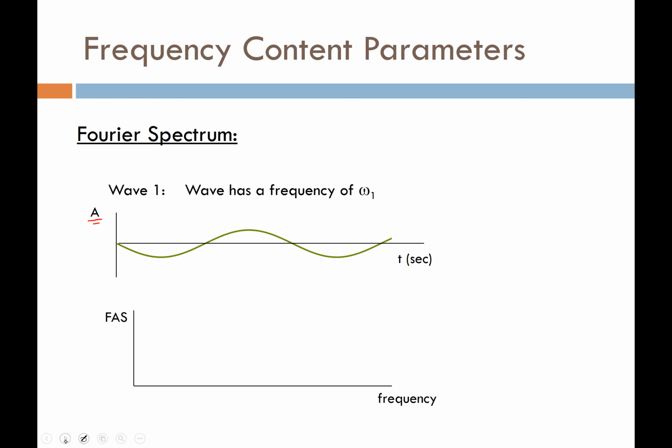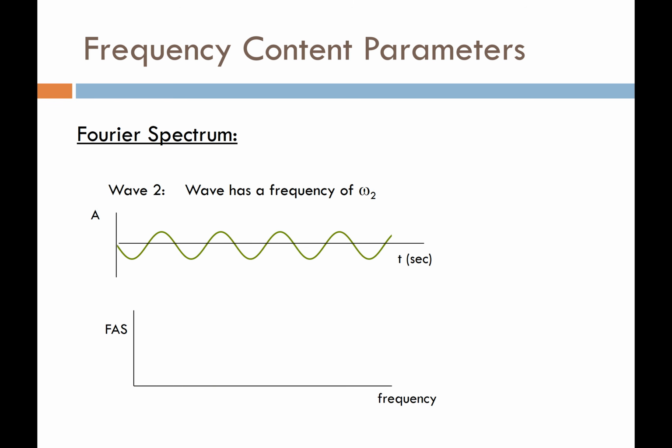So if I were to plot the Fourier spectrum, we would see a spike right at omega 1, the frequency of that one wave. And the amplitude of that spike is a function of the amplitude of the actual wave in the target wave that we're analyzing.